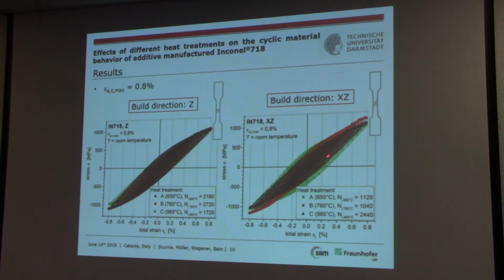And what we can also see from this diagram is how the number of cycles to crack initiation depends on the shape of the hysteresis. For a higher level of maximum tensile stress, we have a lower number of cycles to crack initiation, and when the maximum stress is the same, we have a lower number of cycles to crack initiation for the larger hysteresis. So this is maybe an energetic consideration.